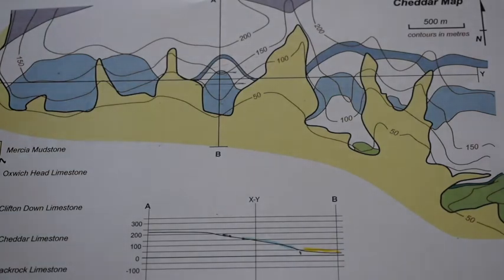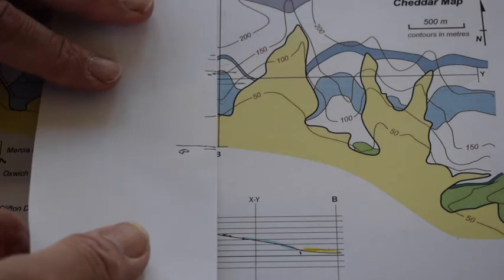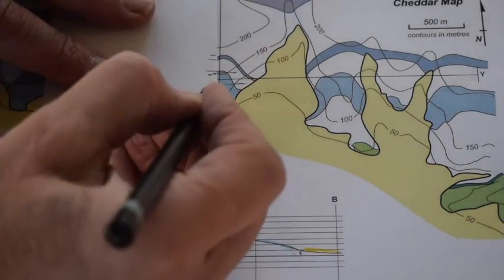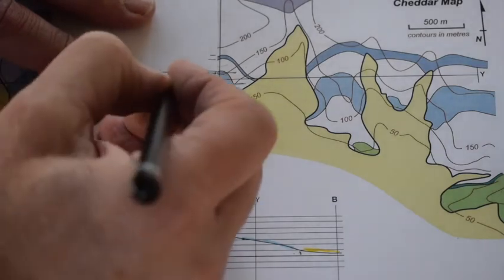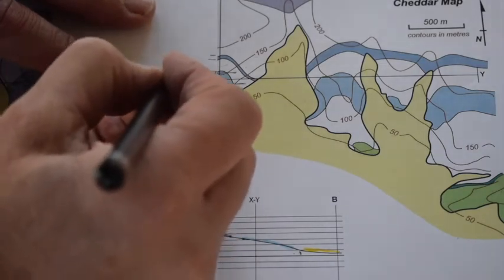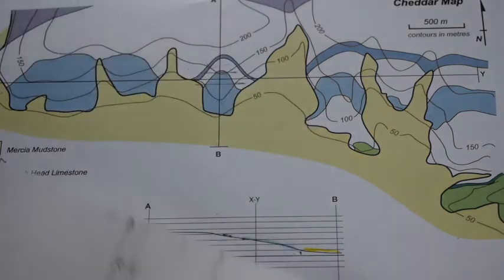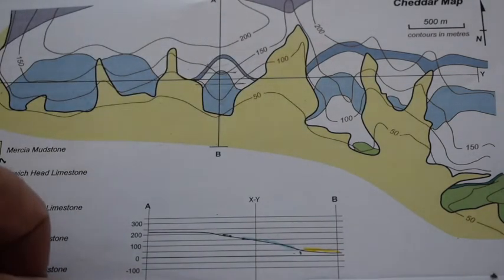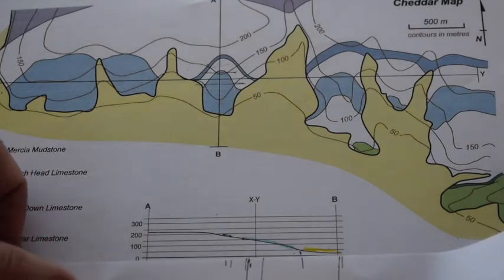So let's collect that information and put it on our profile. So we line our map strip up back with the profile like this. There's one structure contour, there's the other structure contour. That's the 100, that's the 150. So we can take that and put it onto our profile, line it up, right up onto here.